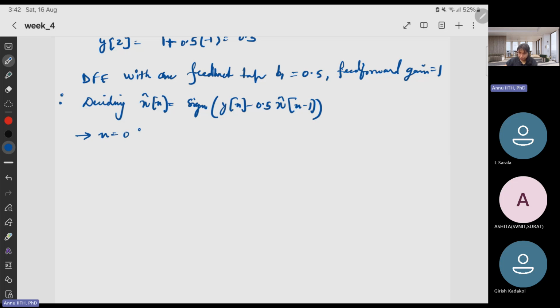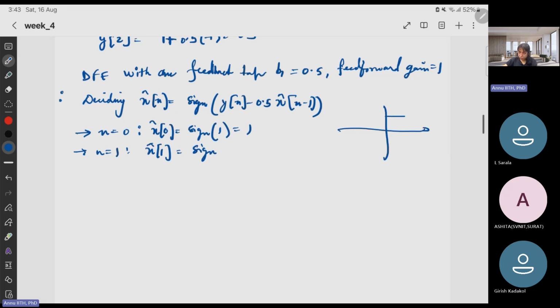For n equal to 0, x cap of 0 is equal to signum of 1, which is 1. For n equal to 1, x cap of 1 is equal to signum of minus 0.5 minus 0.5 into 1.